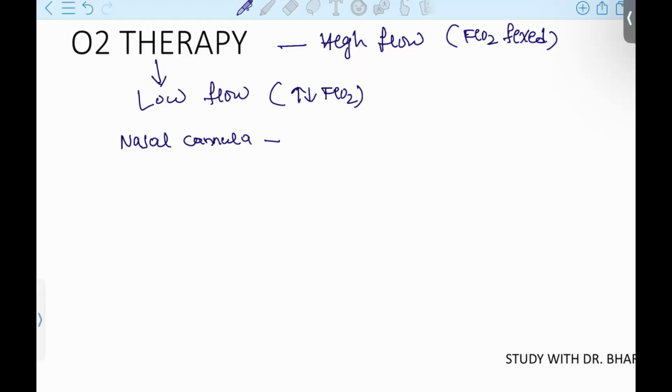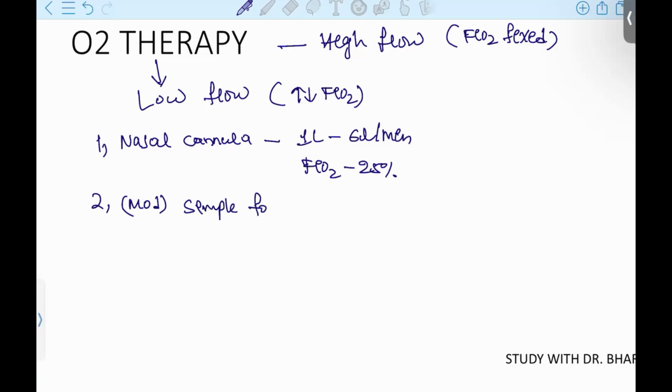The feature is that it gives only 1 liter to 6 liters per minute, and the FiO2 will be about 25%. And if it is moderate, then for moderate cases we use the simple face mask. Simple face masks give more than 6 liters, but up to 10 liters only. Here FiO2 will be 0.60 for this patient with the simple face mask.